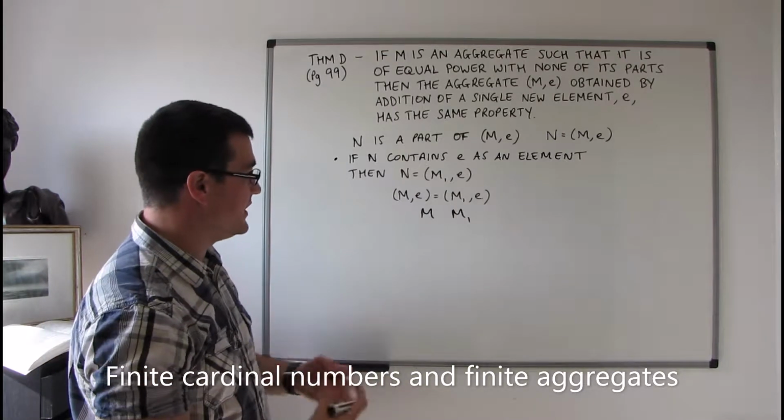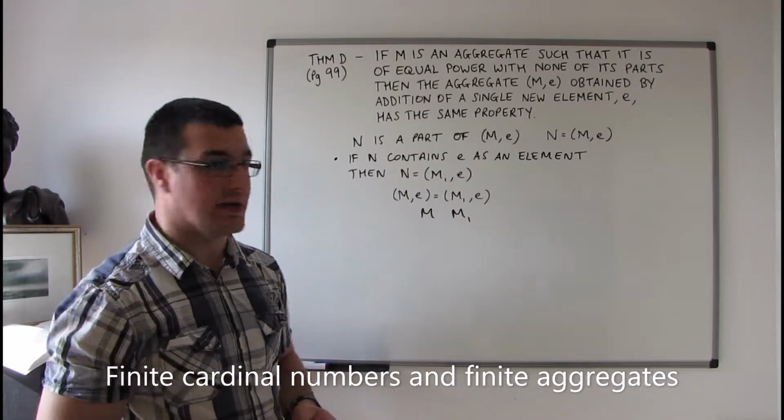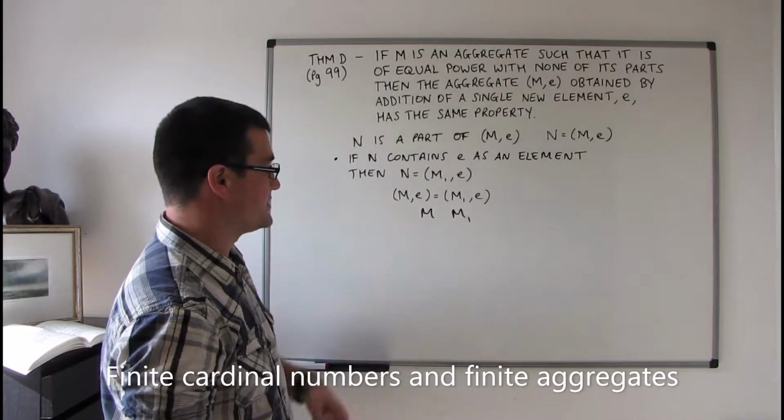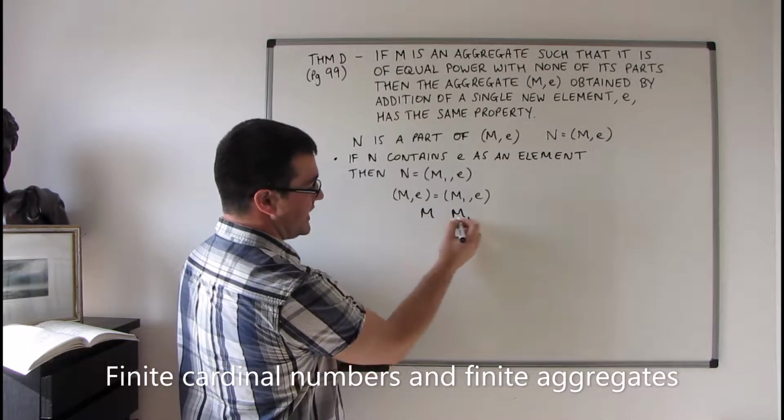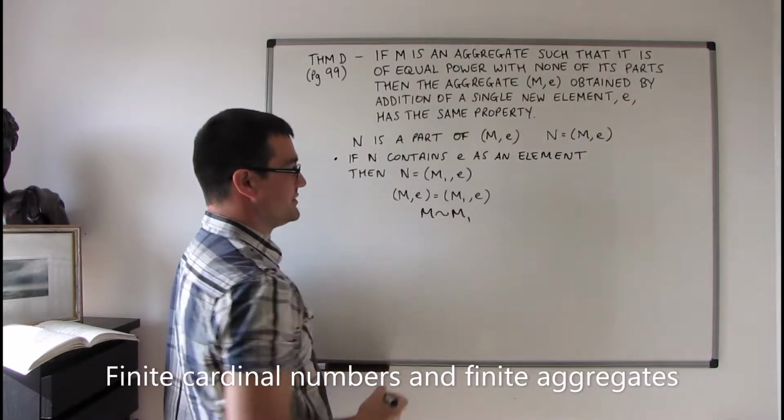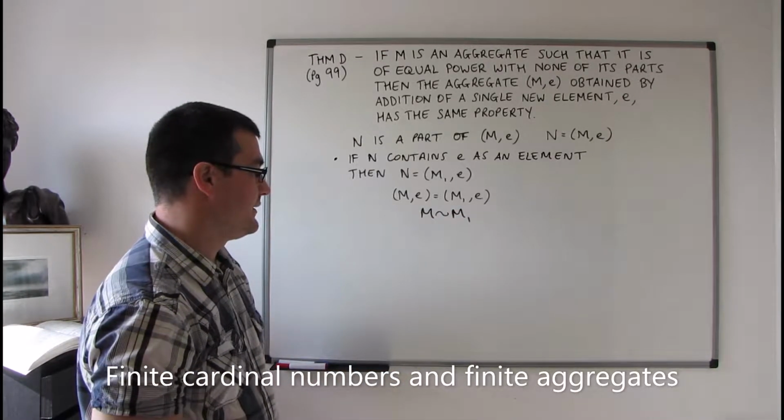So these are kind of partial aggregates of these two. So we've got a one-to-one correspondence between M and M1, so M must be equivalent to M1.